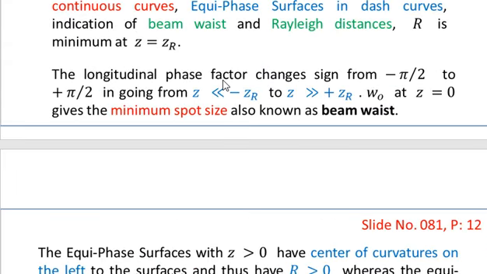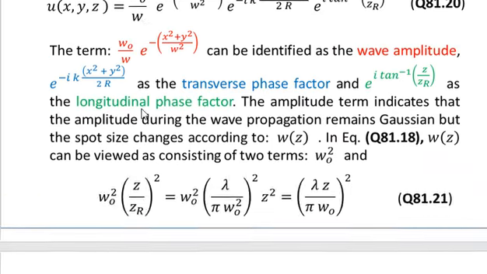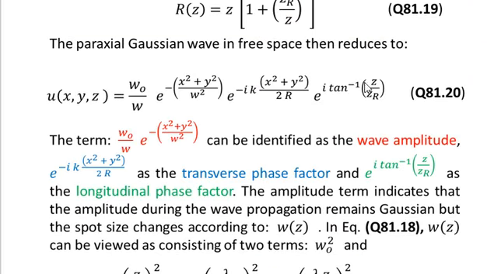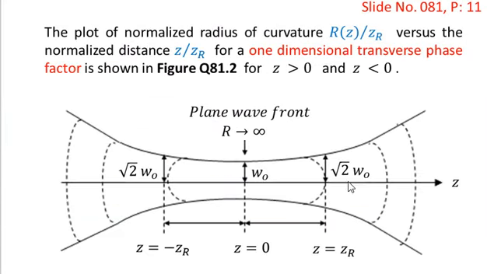The longitudinal phase factor changes sign from minus pi by 2 to plus pi by 2. What is the longitudinal phase factor? This is the longitudinal phase factor, z over zr. You see that this is the factor that we have already plotted and discussed, that is the dotted lines over here.